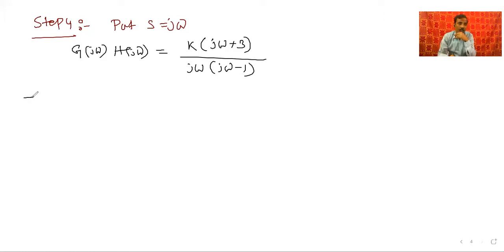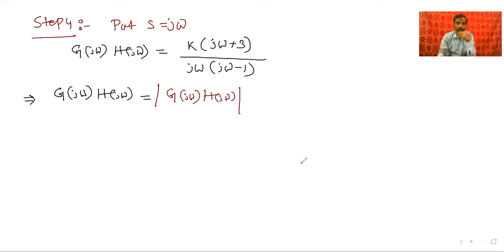Just put s equals j omega. For sinusoidal input, G(j omega)H(j omega) equals magnitude and angle of G(j omega)H(j omega). Then this is equivalent to ultimate magnitude and phase angle. Then magnitude calculation.